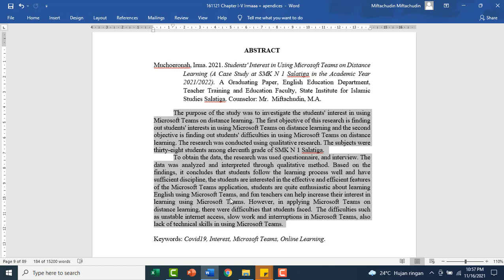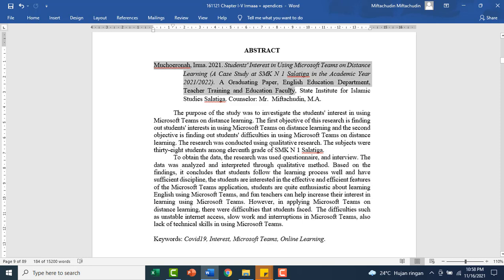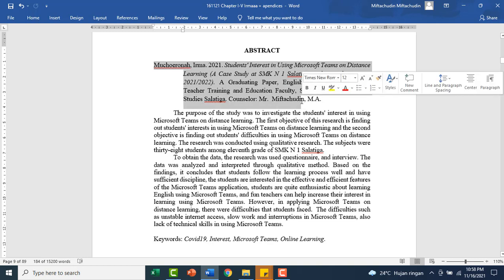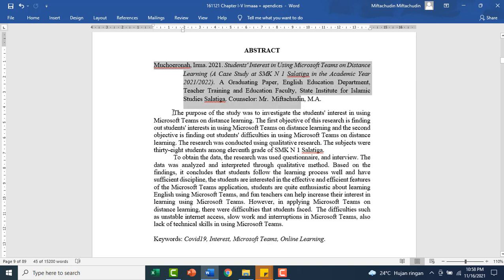And then in this template we have the name and then the year and then the title and then the university name and also the counselor. And after that, starting the paragraphs.